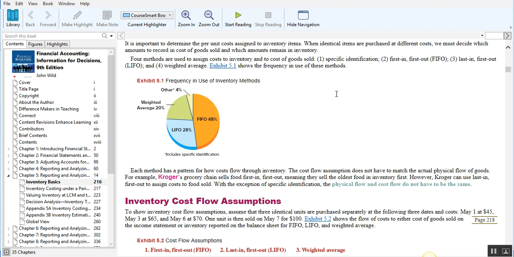Specific identification will be used when you have large ticket items that can be specifically identified and are unique. This would be true of a merchandiser like a jewelry store, which has high ticket items, or somebody who runs an auto dealership or some other kind of large ticket sales where you have items with serial numbers.